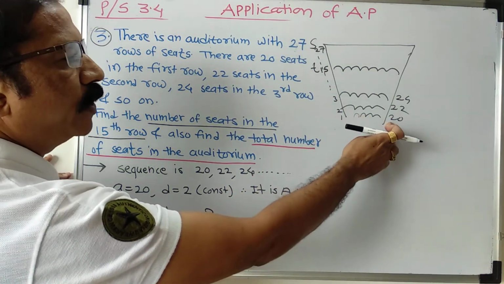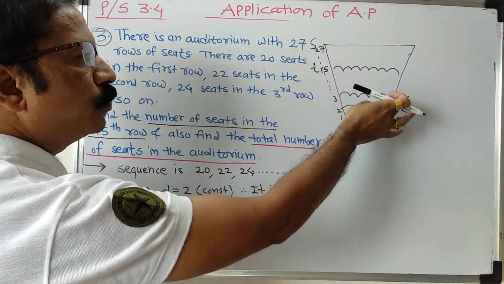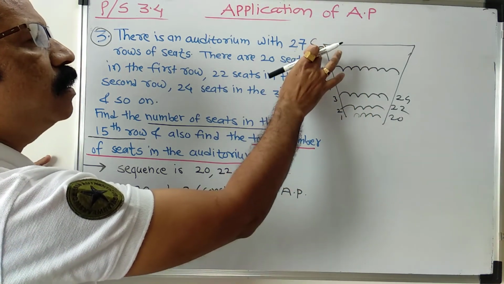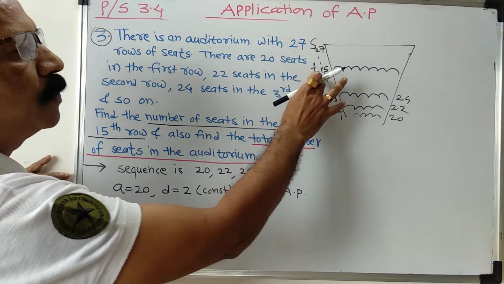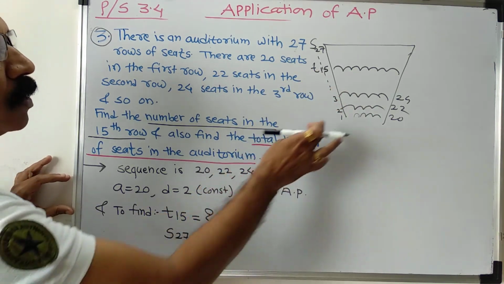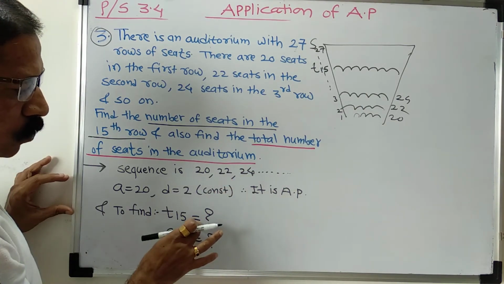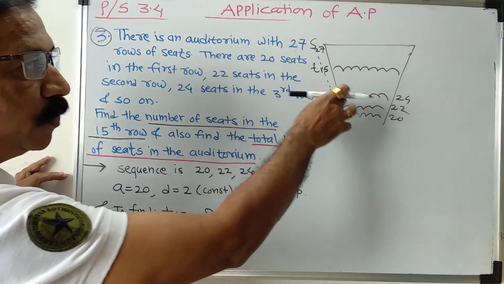Total number of seats, you have to add. In the first row 20 seats, in the second row 22. 20 plus 22 plus 24, like this you have to add all the seats till the 27th row. Don't consider 15. They ask the number of seats in the 15th row, means T15 you have to find, and total number of seats in the auditorium means there are totally 27 rows.